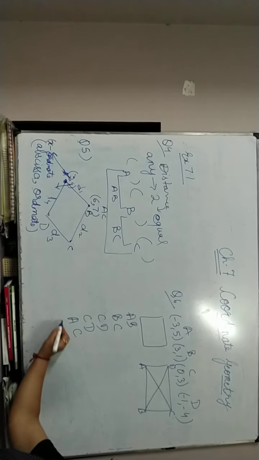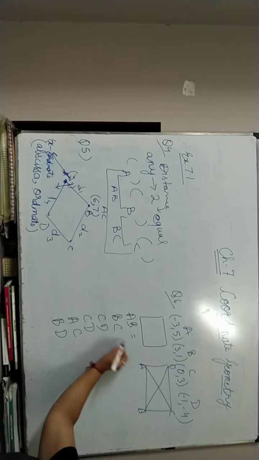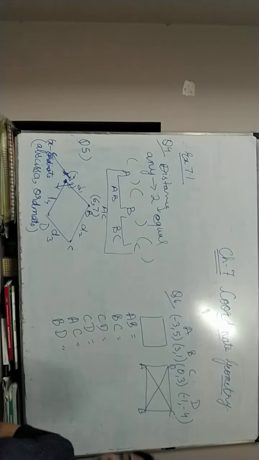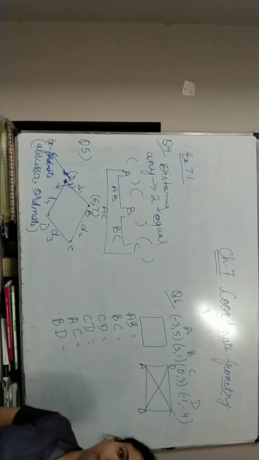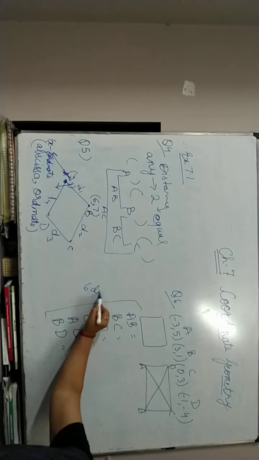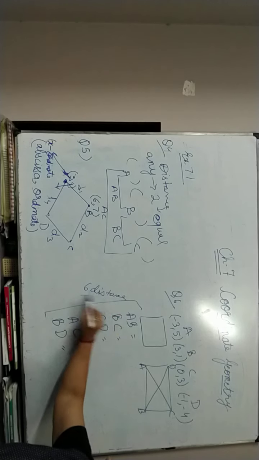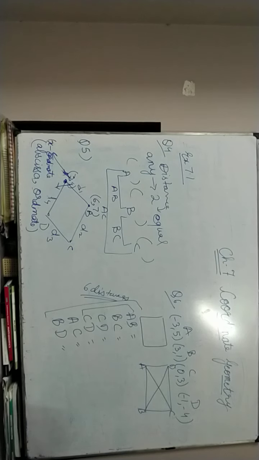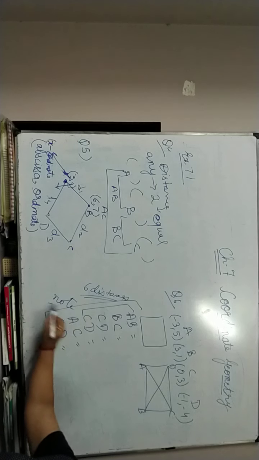the diagonals. Whenever this type of question asks, these are the coordinates of which geometrical figure? Quadrilateral. You have to calculate 6 distances. The normal mistake is that students calculate 4 distances and forget to calculate the diagonals. So better note this point, you have to calculate 6 distances.